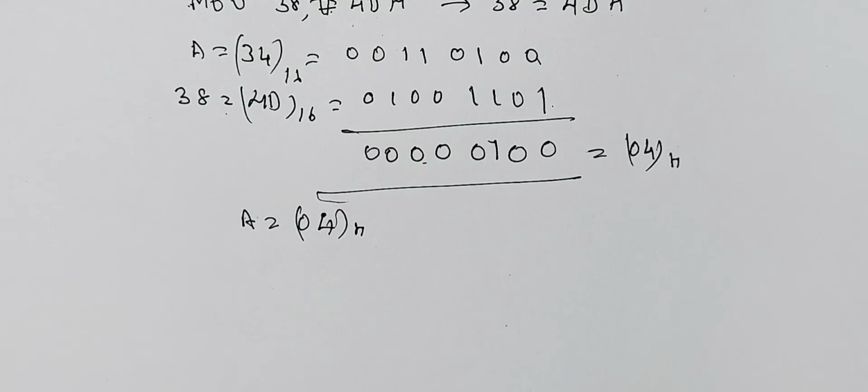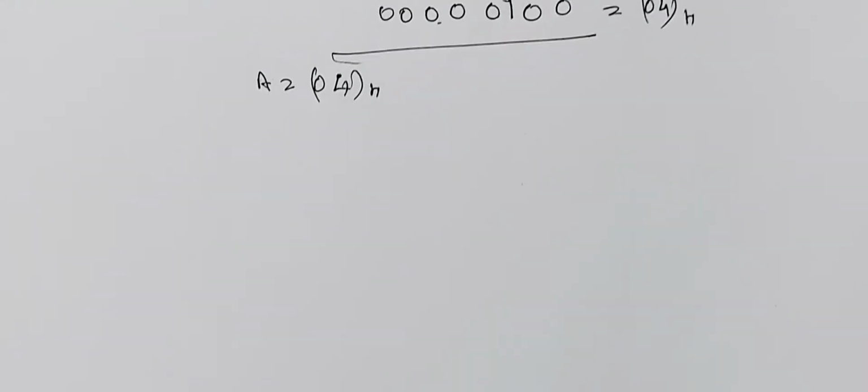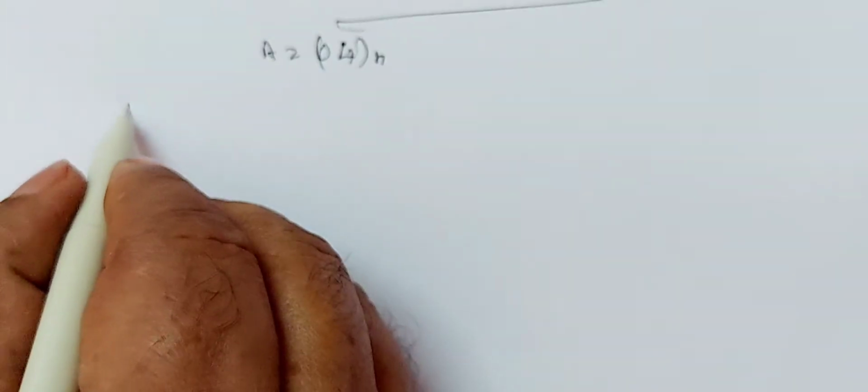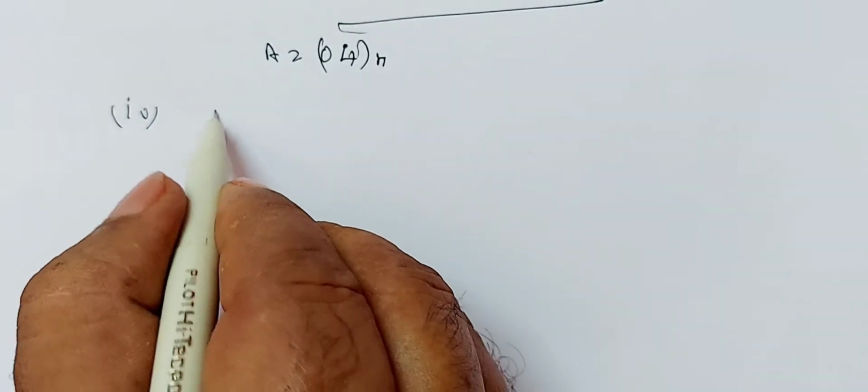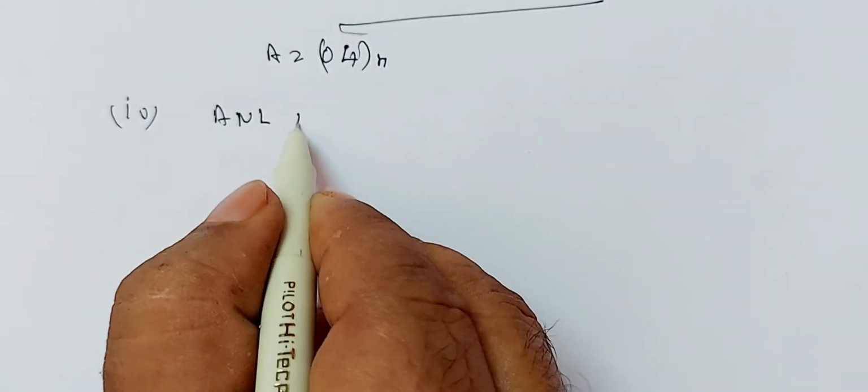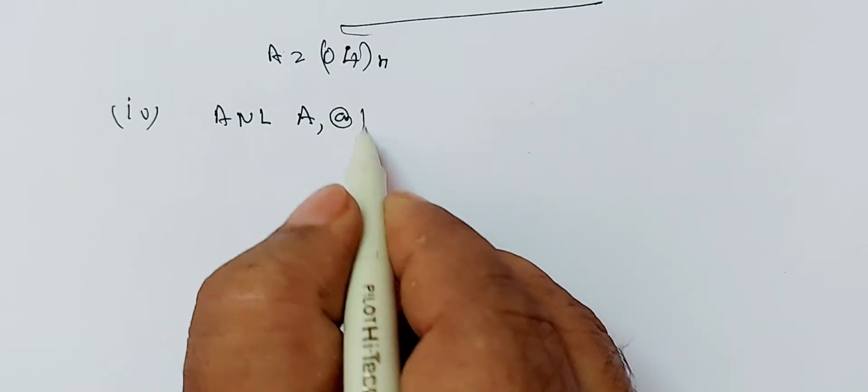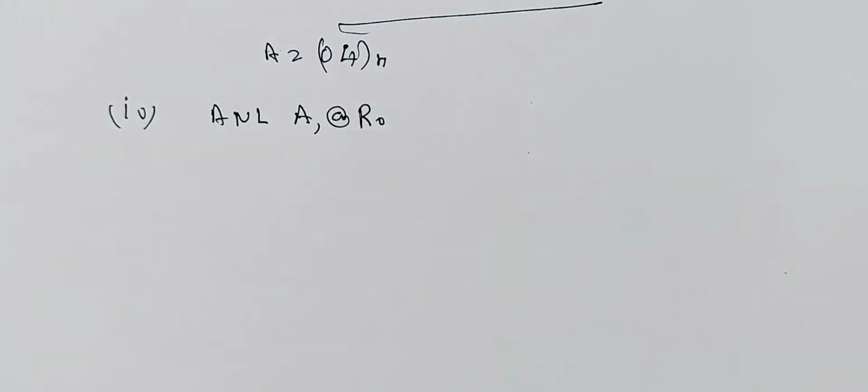Similarly, another addressing mode, I will write this as AND logic A comma at R0. At means wherever at comes, it is indirect addressing mode. We know that for indirect addressing mode, only two registers are used, R0 and R1.